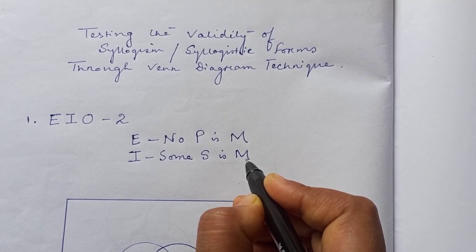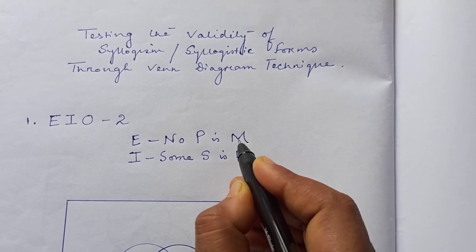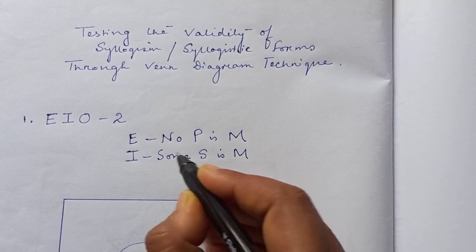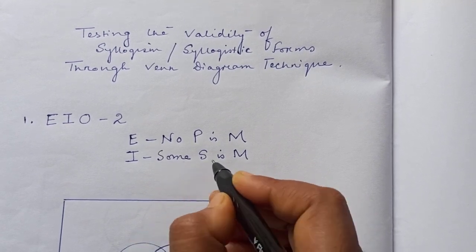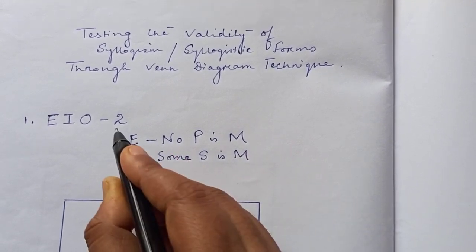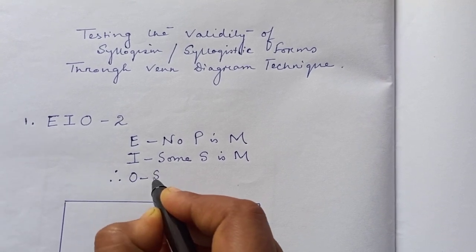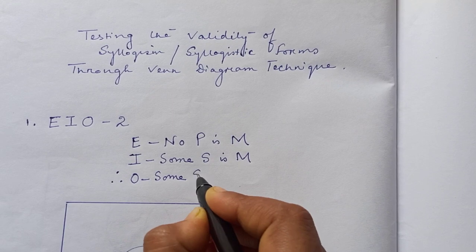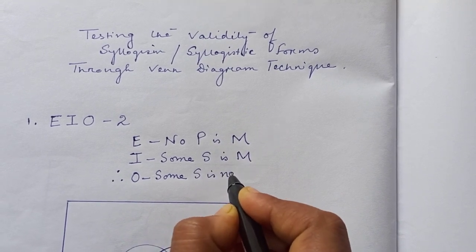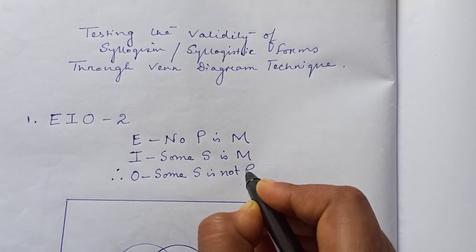It will remain absent in the conclusion. Now the middle term is the predicate in both the major premise and the minor premise. Why? Because it is the second figure. And the conclusion is an O proposition: Some S is not P.